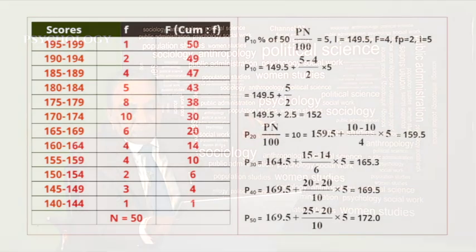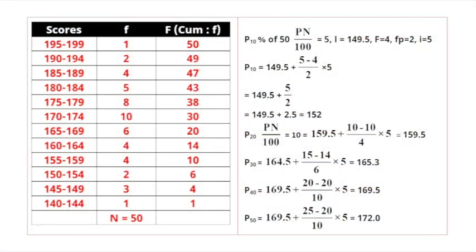Similarly, calculate the value of P30. If you calculate P30, Pn upon 100 is coming 15. Now, where will the 15 come? You see 1, 4, 6, 10, 14, now 15. 15 will come in the class interval 165 to 169.